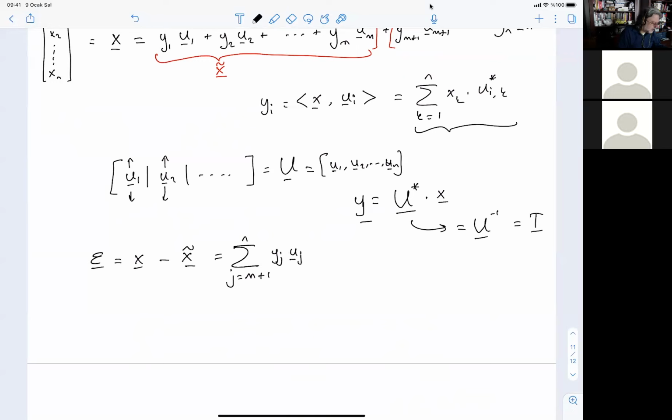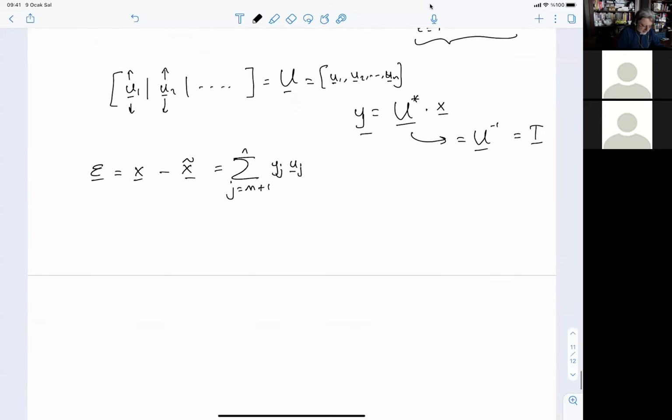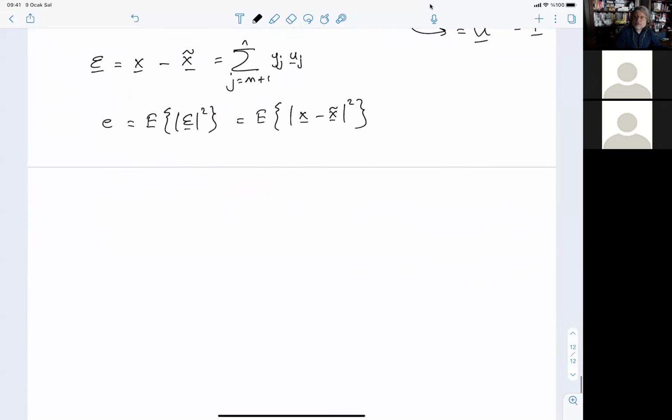Okay, so this is our error term. But it's a vector, and it's not feasible to minimize a vector. So let's convert it into a scalar like this. Let's say E, which is the error term that we want to minimize, is the expected value of the norm squared of this error term, epsilon. So it's essentially the squared difference between x and x tilde. So this is E, and we want to minimize it.